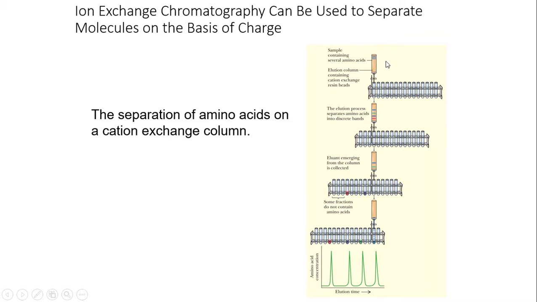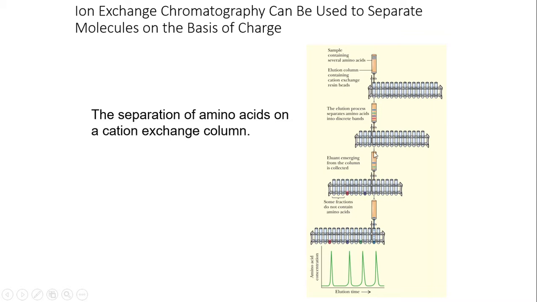And again, based on the charge, we're going to get a separation, and here's an example trying to depict that, a separation of those polypeptides as they attract to or don't attract to the column as you wash those solutions through. This is a collection setup, so these are just little test tubes.